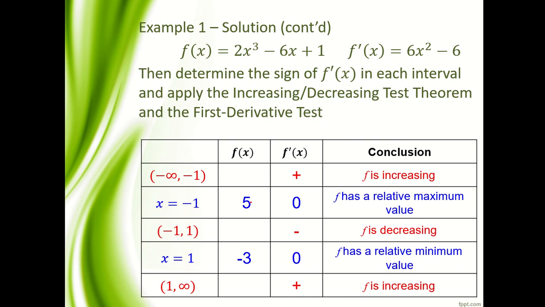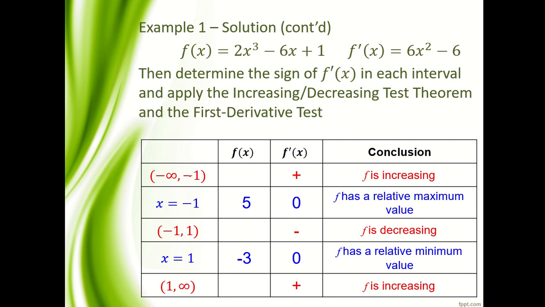In our first interval, negative infinity to negative 1, just find the value of f prime of x. You substitute any value within this domain. What values are within negative infinity and negative 1?